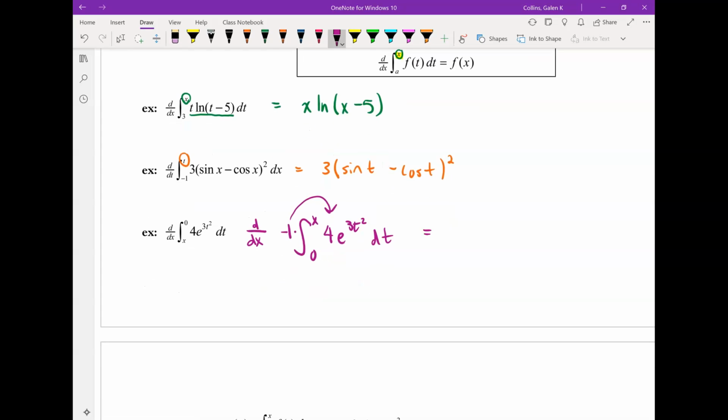So this is the same as taking the derivative of the definite integral from 0 to x of -4e to the 3t squared dt. So now we can just apply our theorem, and we're left with -4e to the 3x squared.